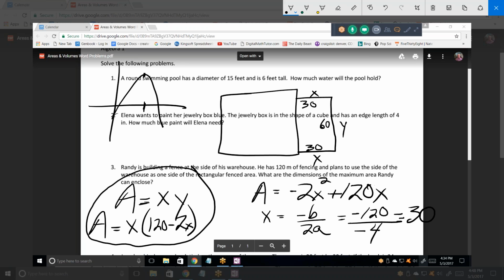That's 120 meters of fencing, and that does maximize the space. That's the maximum area, which is 1,800 square meters, that you could get out of a rectangular fence.